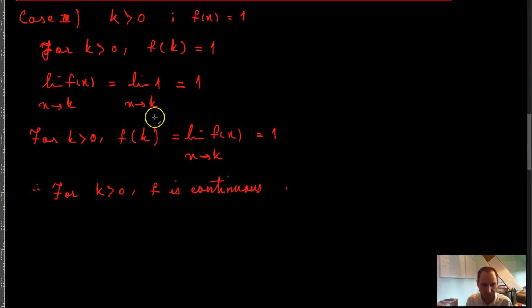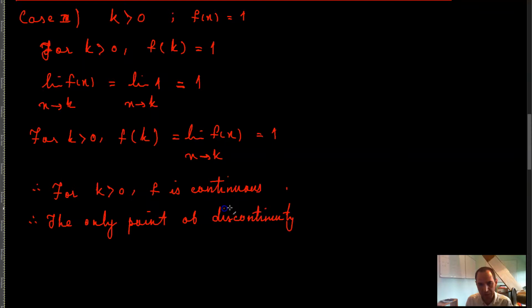And therefore you can say that basically the only point of discontinuity of f is x is equal to 0. That was question number 8.